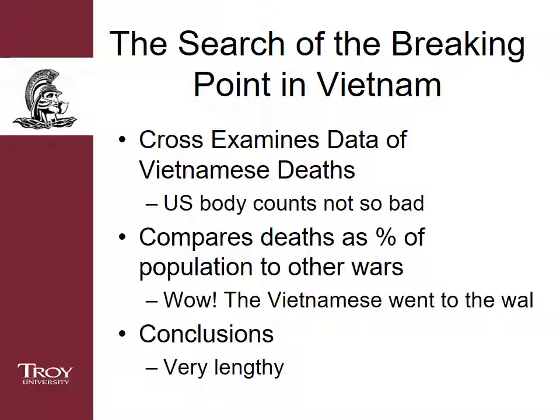And the conclusion there is, wow, as I wrote here. The Vietnamese went to the wall. There's only a couple small wars where people suffered higher levels of casualties, and they certainly suffered significantly more than, say, the Japanese did in World War II.